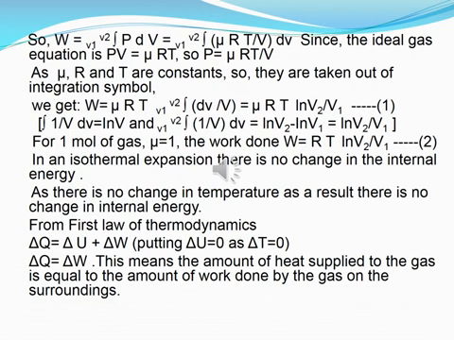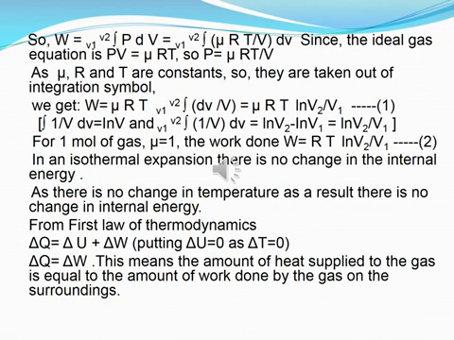Since the ideal gas equation PV is equal to nu RT, so P is equal to nu RT by V. Then the expression becomes W is equal to integration of nu RT by V dV from V1 to V2.